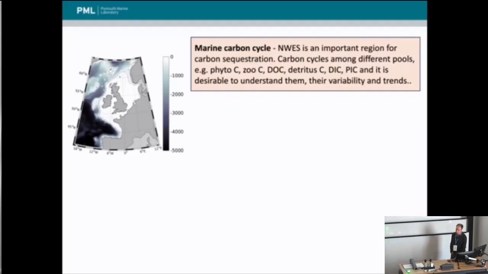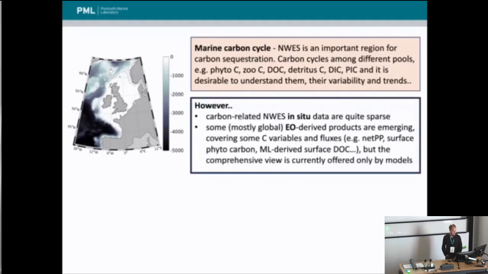So if we want a more complete understanding, what we can usually use is models. They provide quite comprehensive information, but it is many times somewhat problematic because our models are known to have different biases, different types of uncertainties, different types of issues. So it's not ideal.